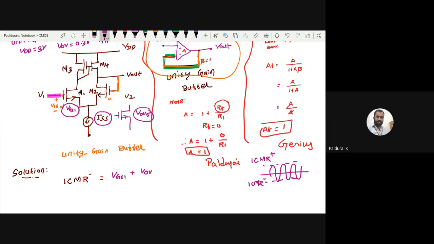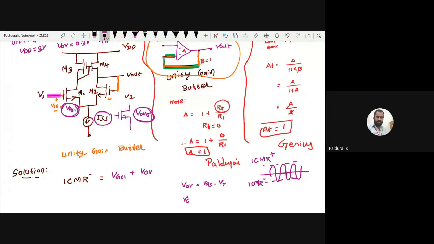So ICMR minus, my minimum input common mode range: simply apply KVL. My applied input voltage, that is my ICMR, has these two drops. So how to find the VGS? You know the formula for overdrive voltage: in general it is VGS minus VT.